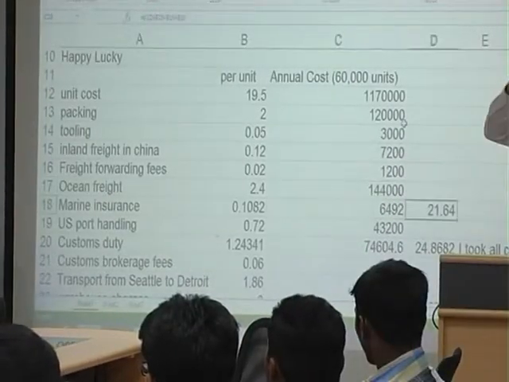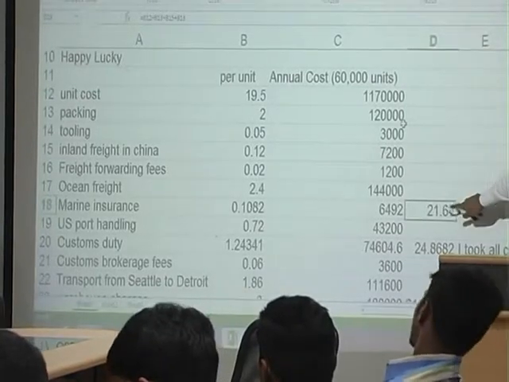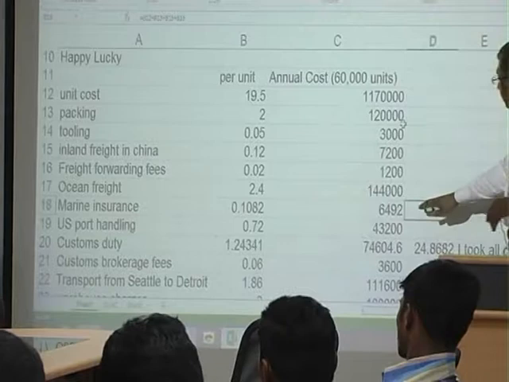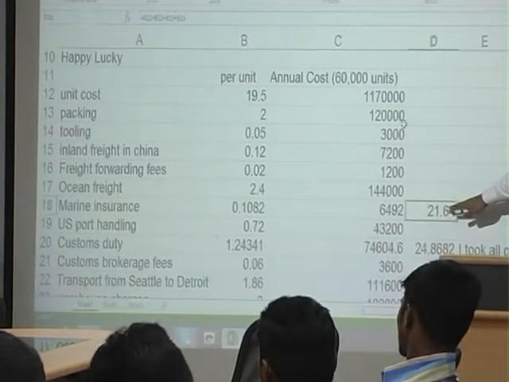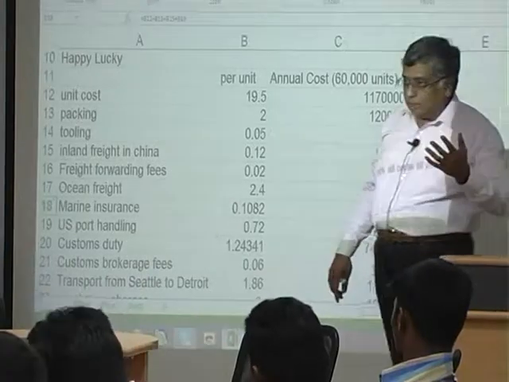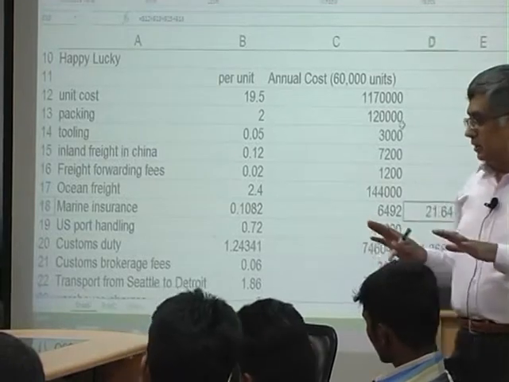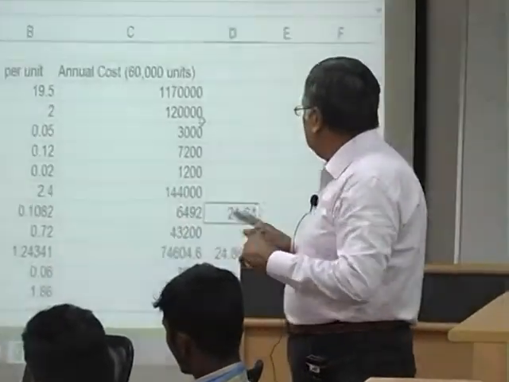You remember the chart I showed you, the added value from one point to the other, right? We are accumulating all the costs till this particular stage, till marine insurance. We are adding this over here because we can use that for added value. Okay, that in gist is the spreadsheet. Okay, and I'll give you copies of that.